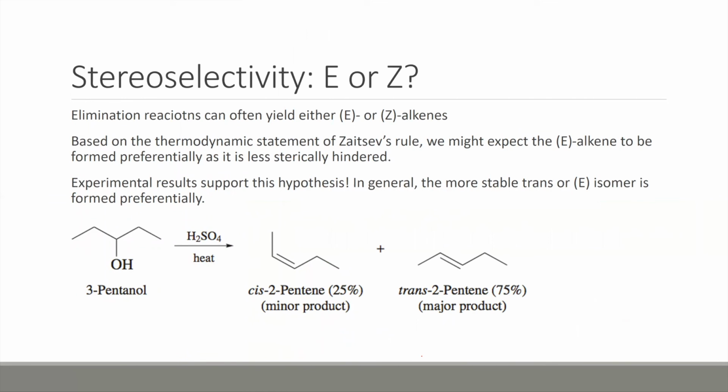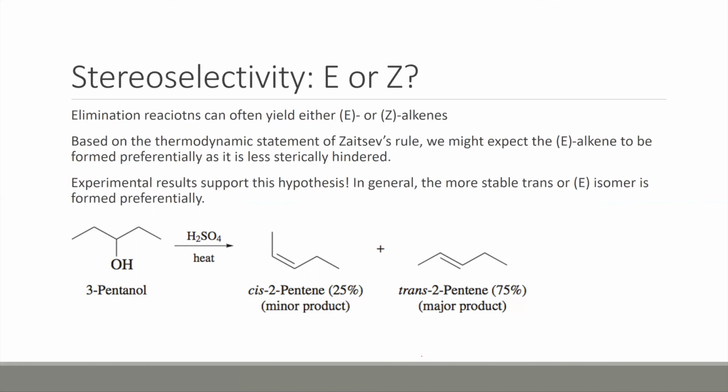Now, what about E or Z formation? Or also, we could use the words cis or trans formation. Remember, these are akin to each other, and we talked about them in the last section. Based on this rule, what you might expect is that the E product, or generally the trans product, would be preferentially formed because it is less sterically hindered.